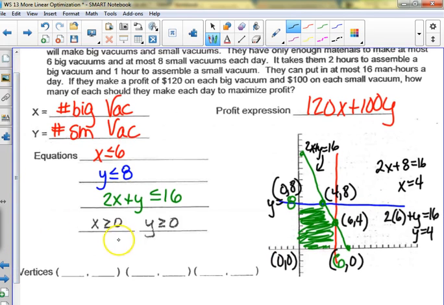Are there that many? I don't think I put all these down here. Did I miss one? Why is 0, 16 not one of them? Y has to be less than or equal to 8.